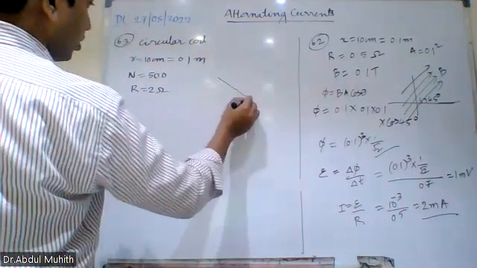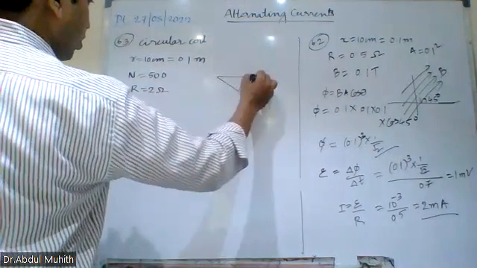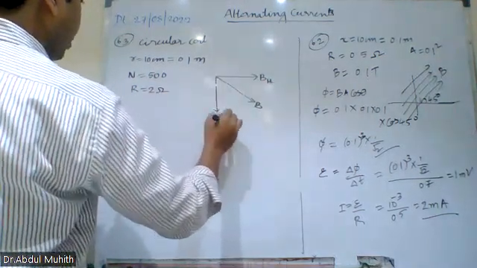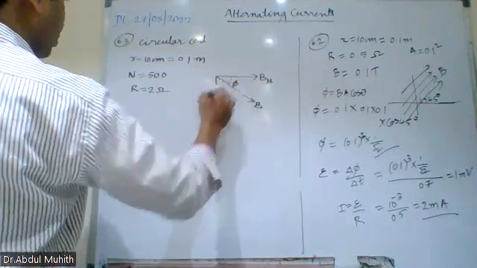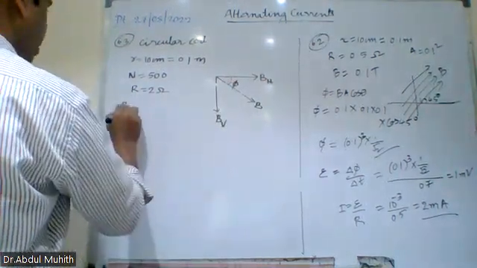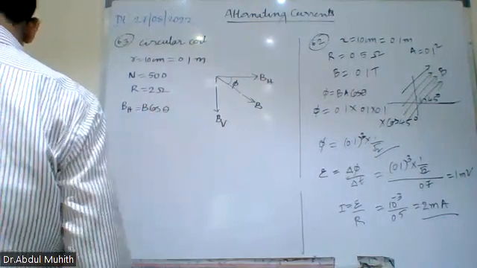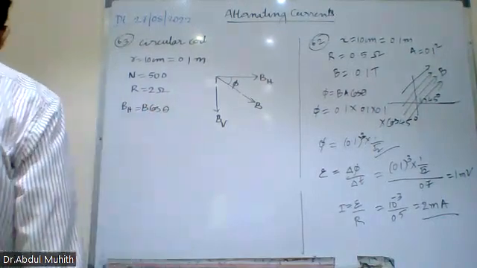Like we have horizontal. This is B. This is the horizontal component of Earth's magnetic field, and this is the vertical component. Okay, and this is theta. So we have BH is equal to B cos theta. So here what will happen now?